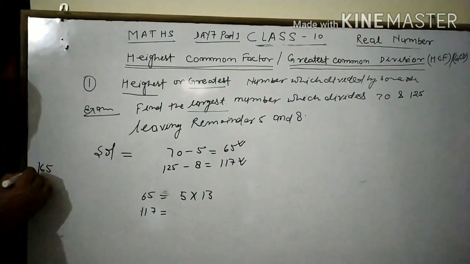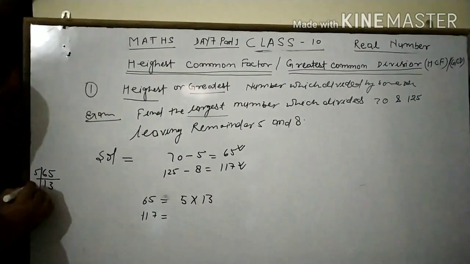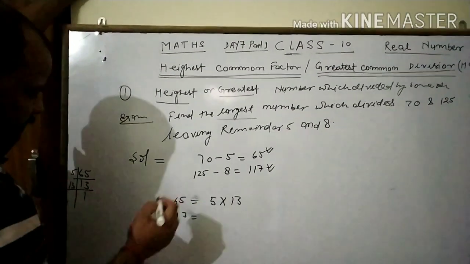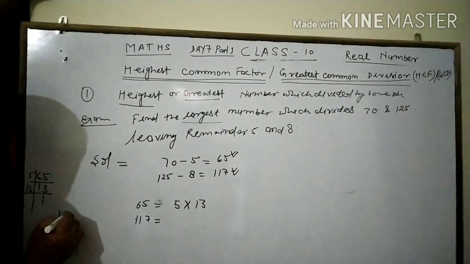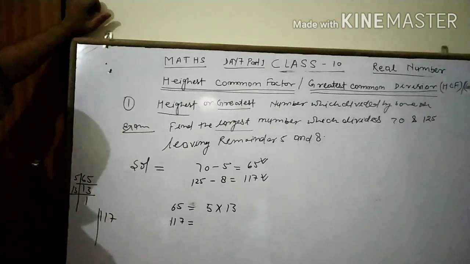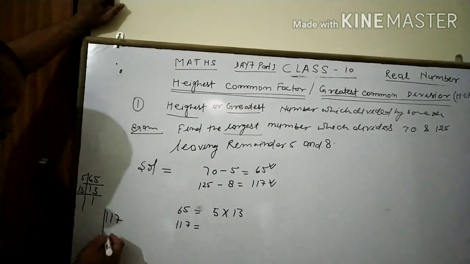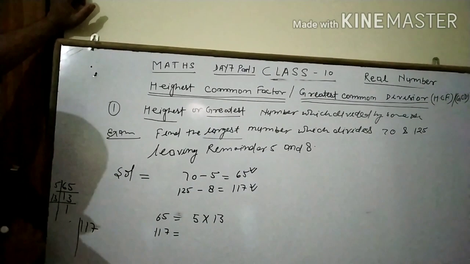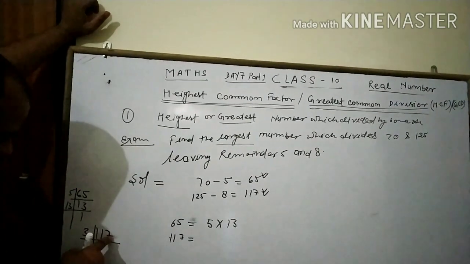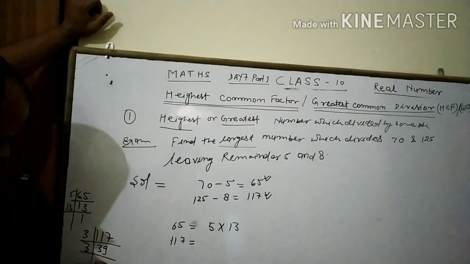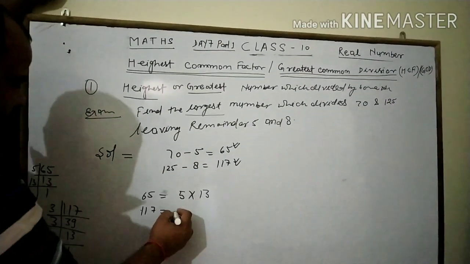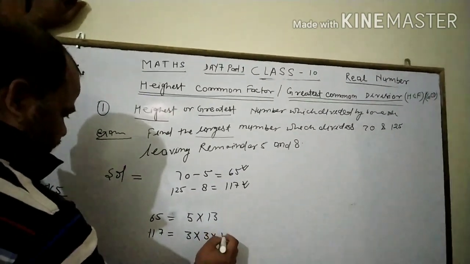It is divisible by 3. 3 3s are 9 and 3 9s are 27, 3 13s are 39, so 117 is 3 into 3 into 13.